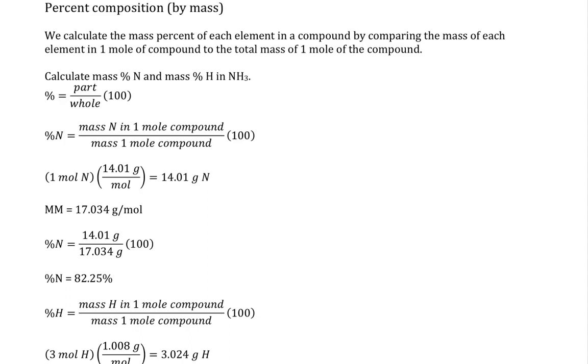Alrighty, so percent is part over whole times 100. If we were after not the mass percent nitrogen in ammonia, but the mole percent nitrogen in ammonia, we would say, well, ammonia is composed of 1 N and 3 H's, so the whole would be 4, the part for nitrogen would be 1, so we'd have 1 over 4 times 100, it would be 25% nitrogen by mole.